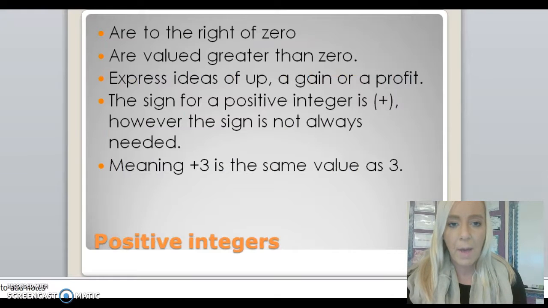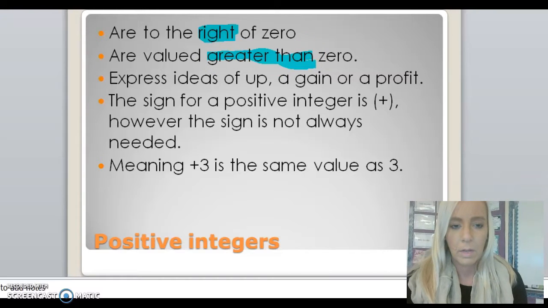So let's talk about positive integers. Positive integers are to the right of 0. So they're all the numbers that are greater than 0. Sometimes positive integers express ideas of going up, for example, as an elevation. If you have a gain or a profit.